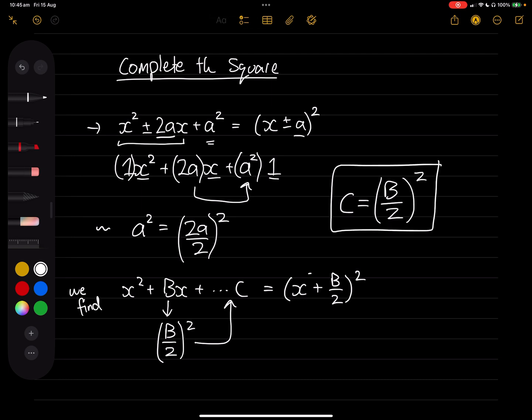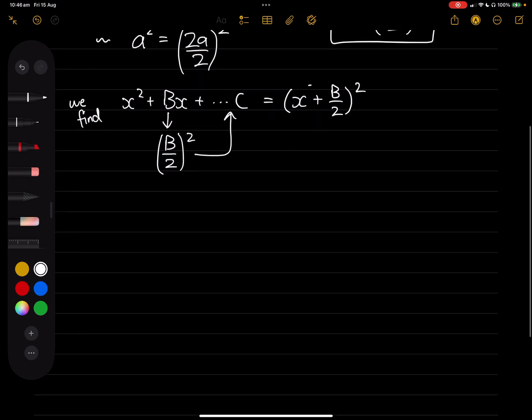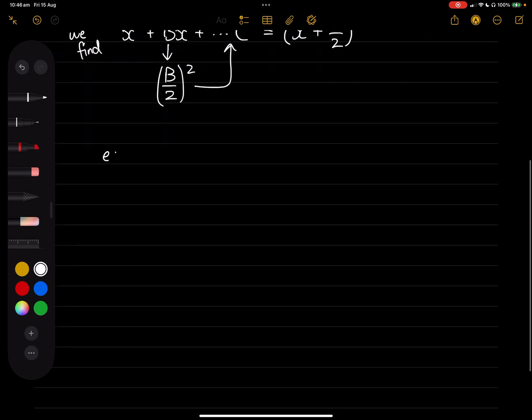Right? This is always going to be the case for these questions. Whether the b coefficient is positive or negative, the c coefficient will always be positive for the majority of the questions that we see. So let's do some examples, because the theory of this is a little bit confusing.